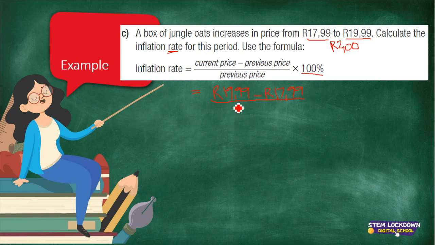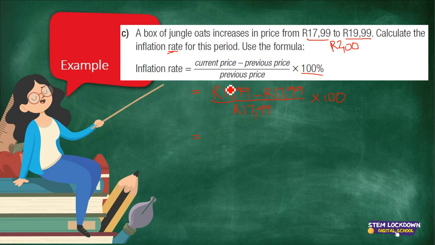Divided by previous price. What is the previous price? Obviously the same, right? It was 17 rands 99 before the increase. Times by 100 because we want percentages. Now let's look at your answers, right?